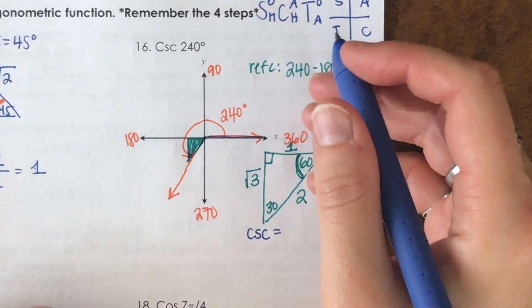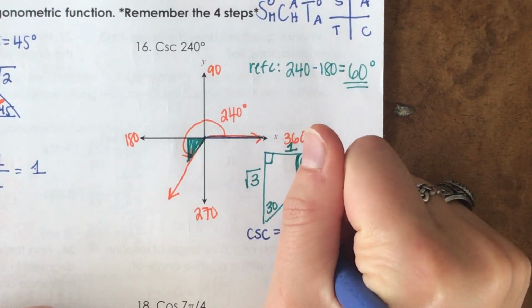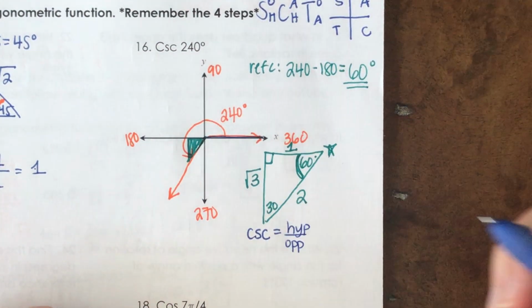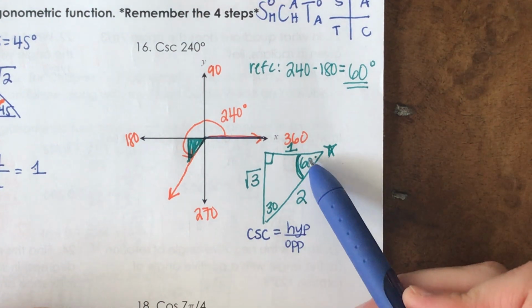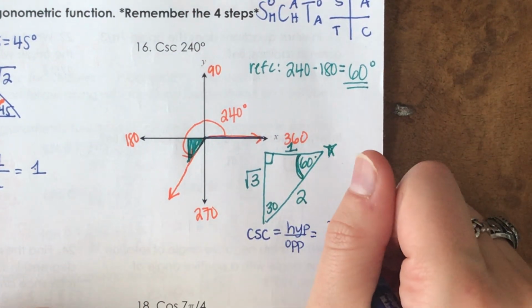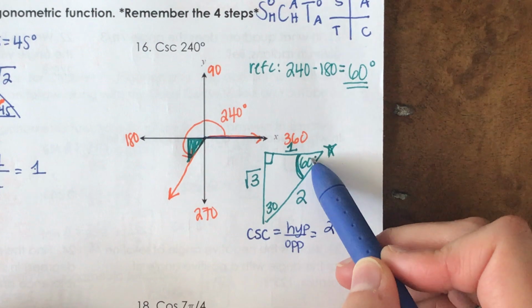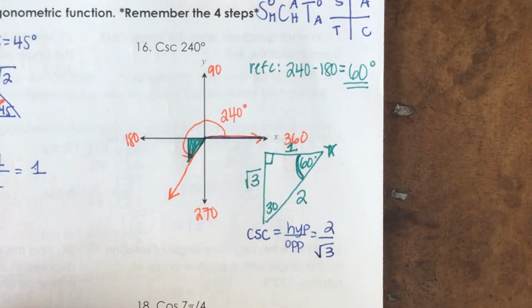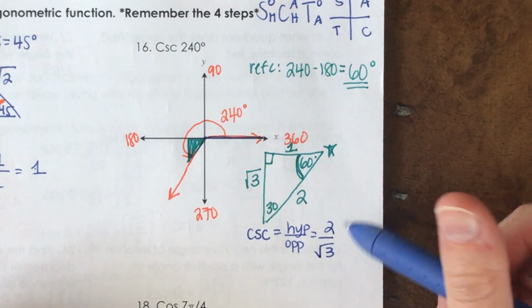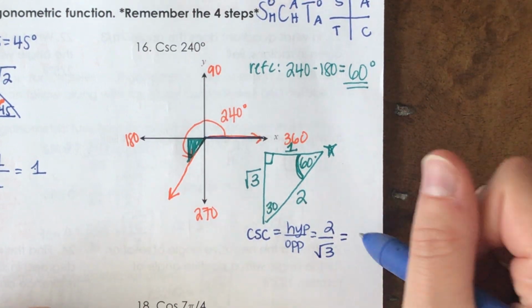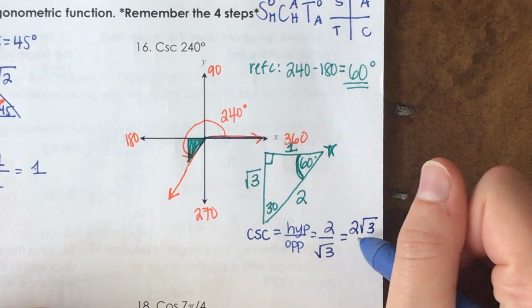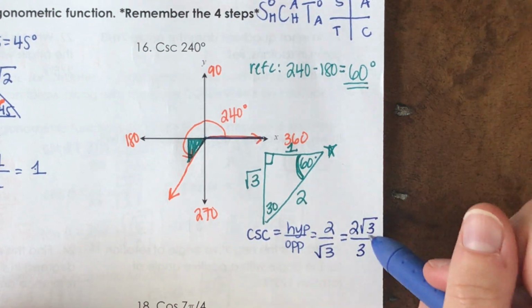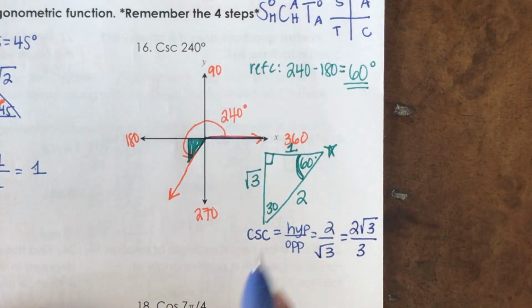So it's going to be the hypotenuse over the opposite. So my hypotenuse is 2. Opposite of the 60 is radical 3. Now I need to rewrite that because I can't have a radical at the bottom, so I move it up, clean it up. It's 2 radical 3 over 3. There's my answer for the cosecant of 240.